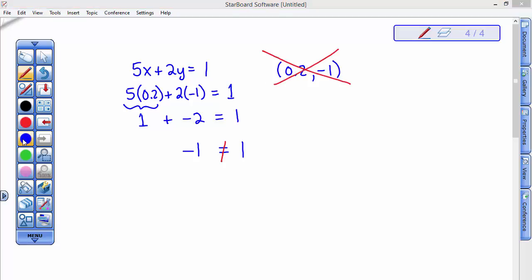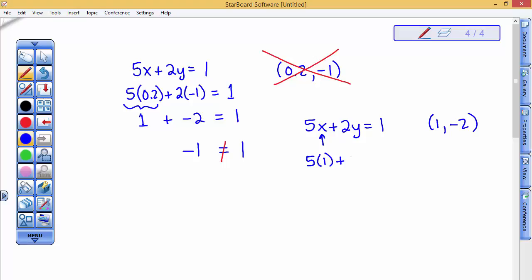I'm going to do it again. I'm hoping that I have an ordered pair that's going to work in this equation. How about if we try x is 1 and y is -2. Let's plug a 1 in for x, so 5 times 1, and then for y, let's plug in a -2. Let's see if that checks in this equation.